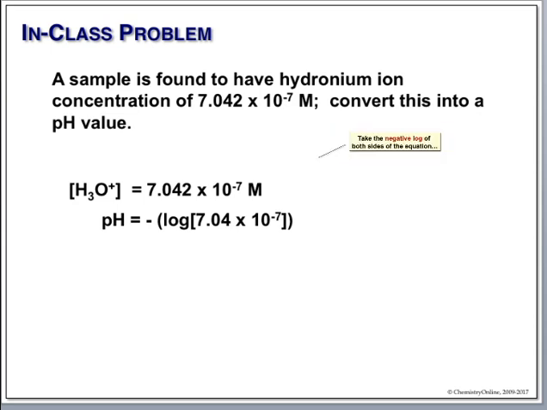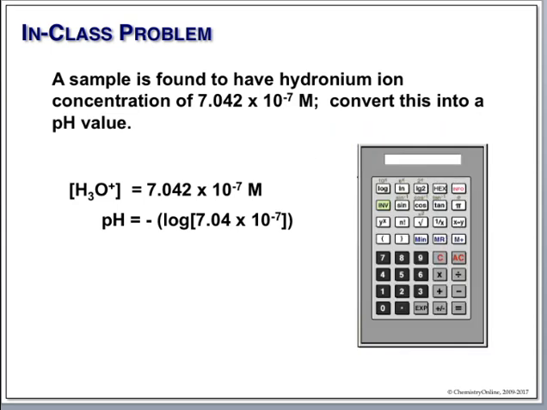So what do we do? Pull out our calculator again. What are we going to type in? 7.04 times 10 to the minus 7. That's our hydronium. And what do we do next?